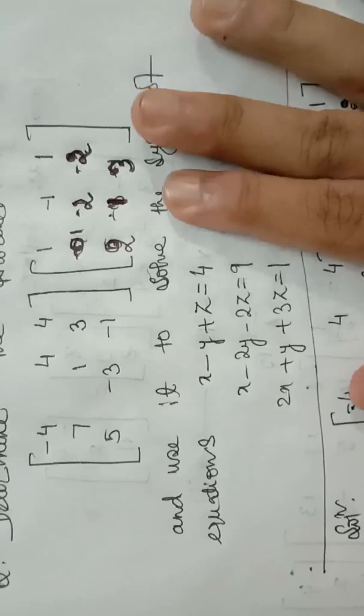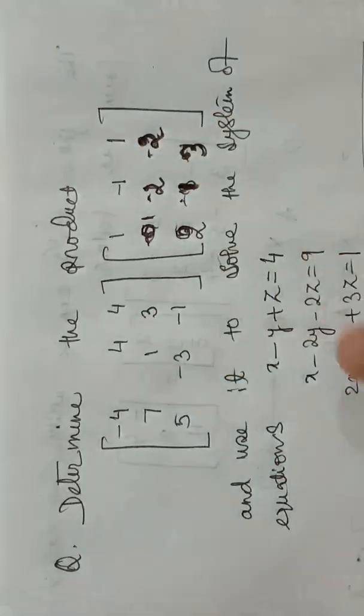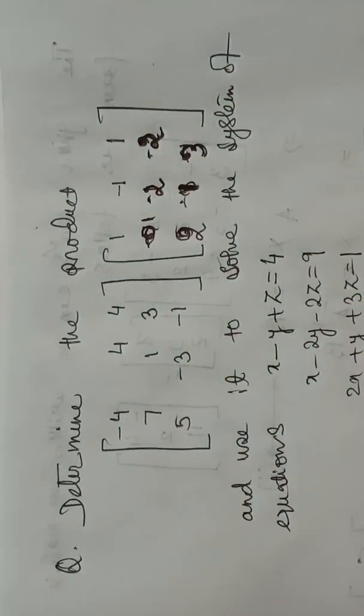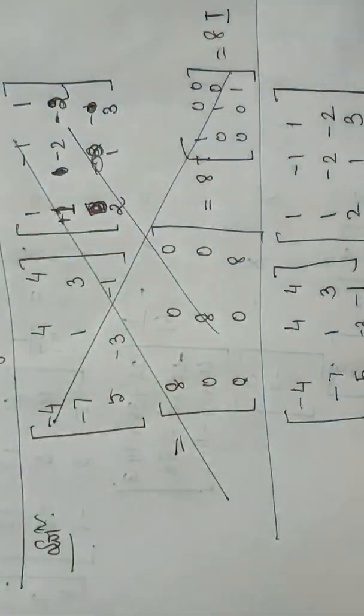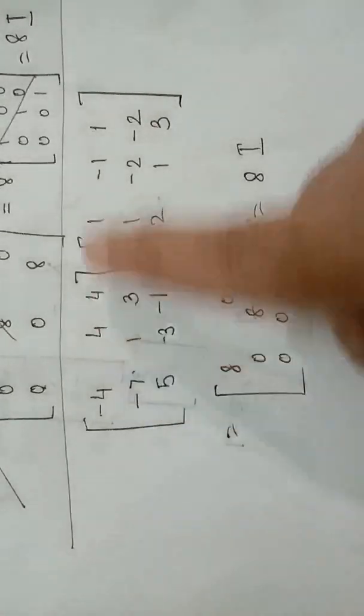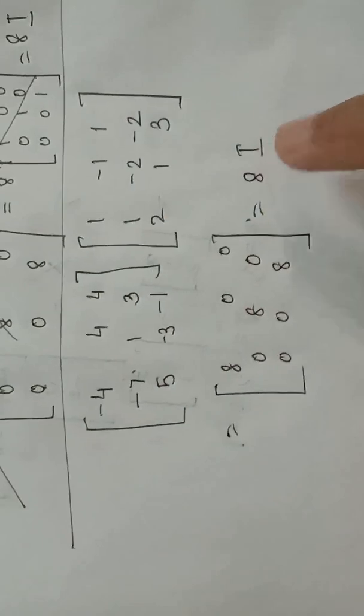So now I have corrected the question. The question is the same: determine the product of these two matrices and use it to solve the equation. In the first part, we have to multiply these two matrices, and multiplying we get the product equal to 8 into I. This is the first part.